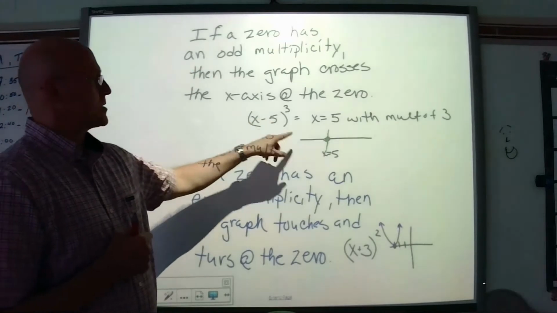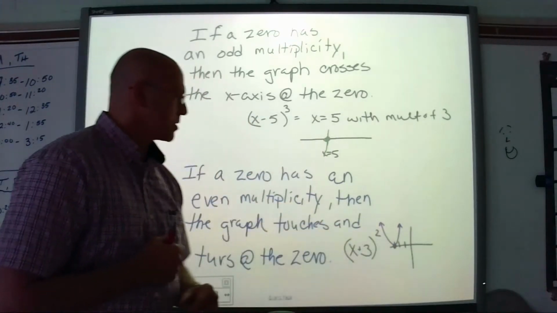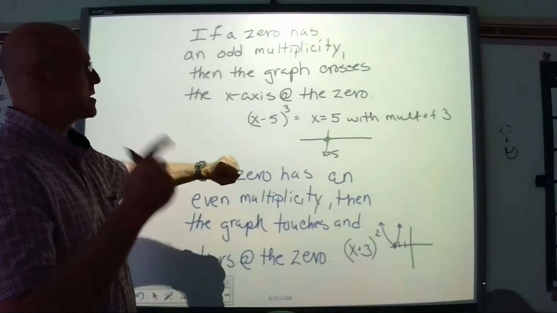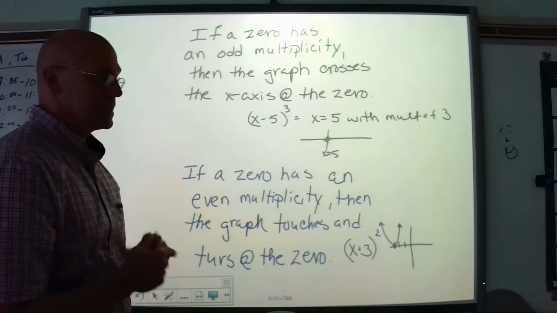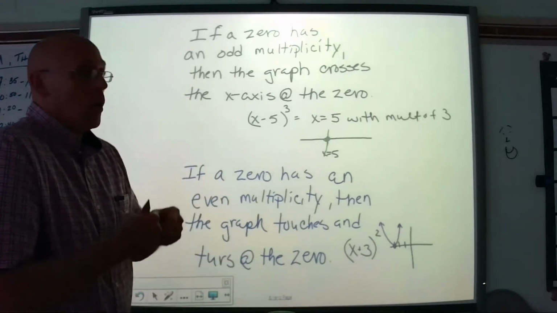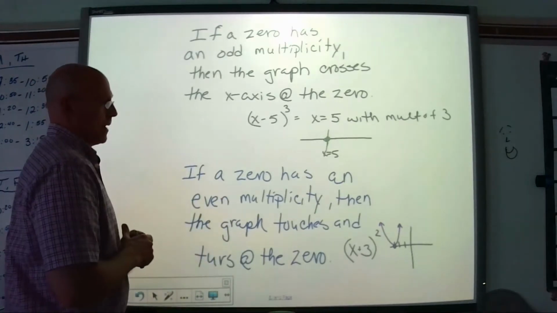So this type has to cross over, and this type is going to touch and turn. Understanding what the graph does at zeros is based upon the multiplicity of the 0. How many times does that 0 happen, or how many times does that factor happen, is what it's all about.